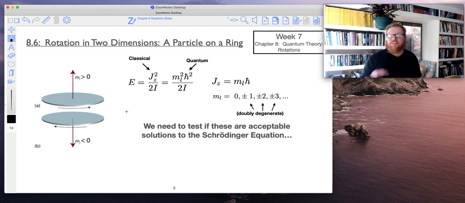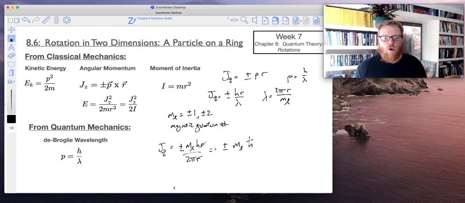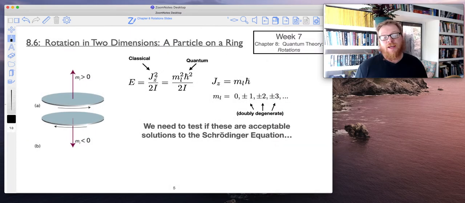Yes. So we can see now that the energy associated with this particle rotating classically can be written as Jz squared divided by 2I. Okay? But as far as quantum is concerned, we wrote that Jz is ml h bar. So when we substitute that ml h bar in for Jz, in terms of quantum mechanics, E is ml squared h bar squared divided by 2I, where Jz equals ml h bar.